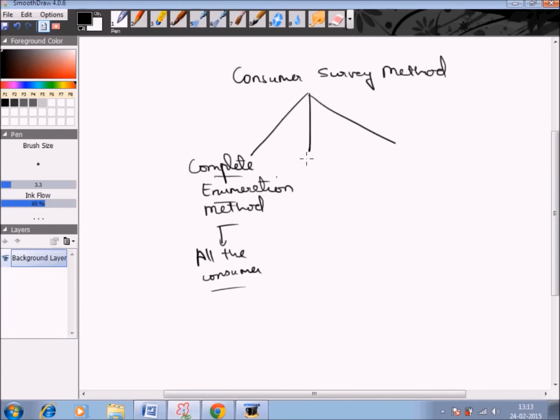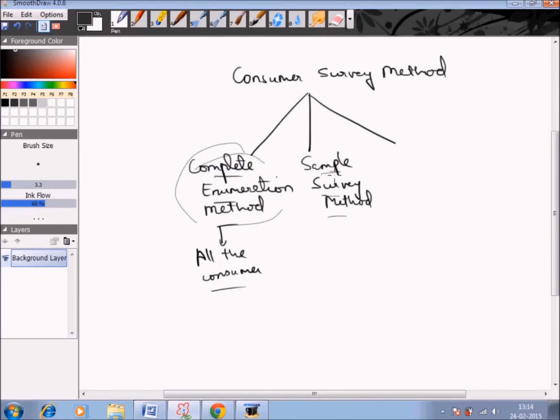Then the second method is the sample survey method. Now see, for various products where the market is not in a particular geographical area, conducting a complete enumeration is a very difficult task and in fact close to impossible. So in that case, we choose a sample of the market and accordingly forecast the demand for the product.